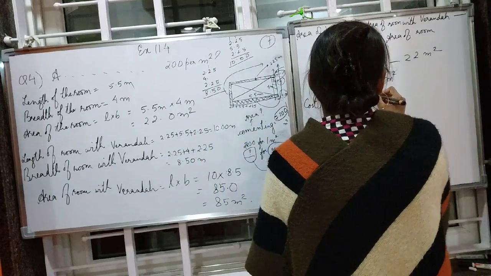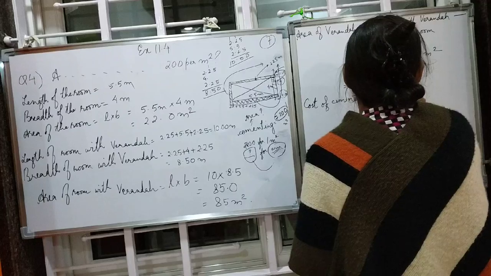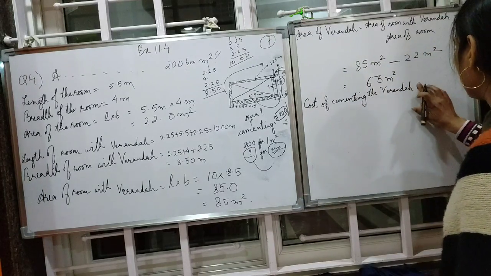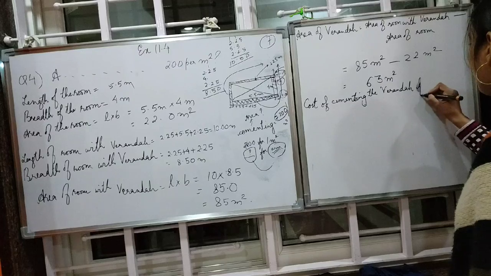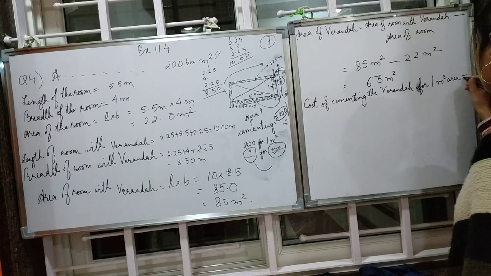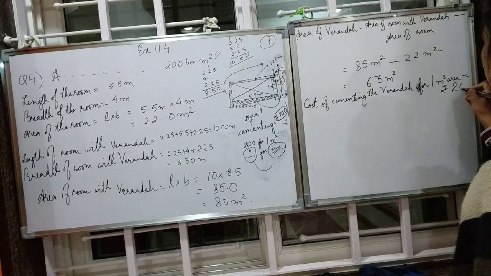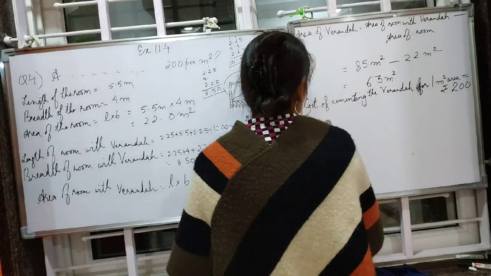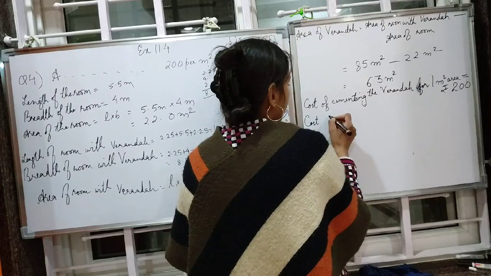That is also correct, that's not wrong. Cost of cementing the veranda for 1 meter square area is equal to rupees 200.